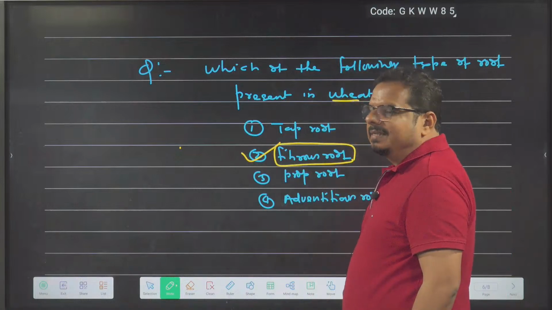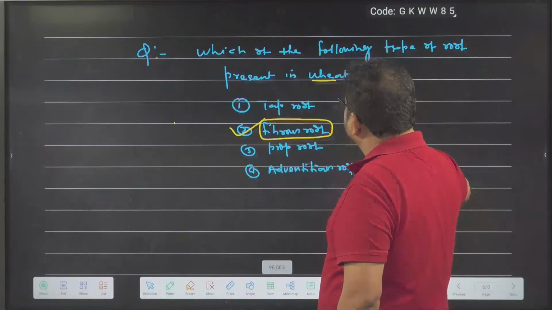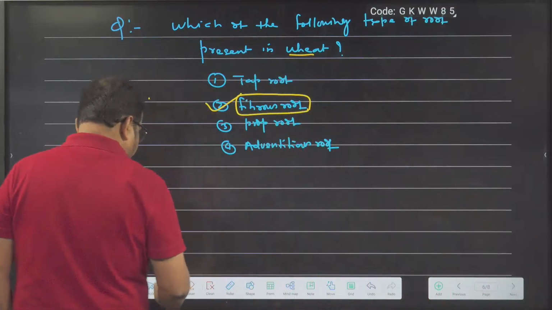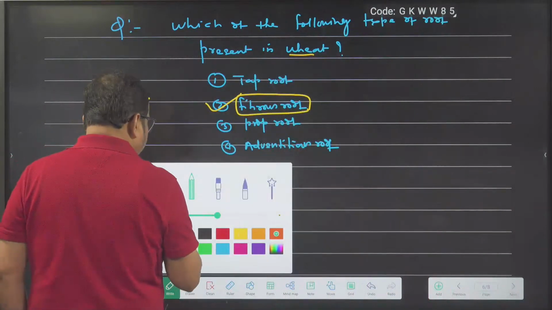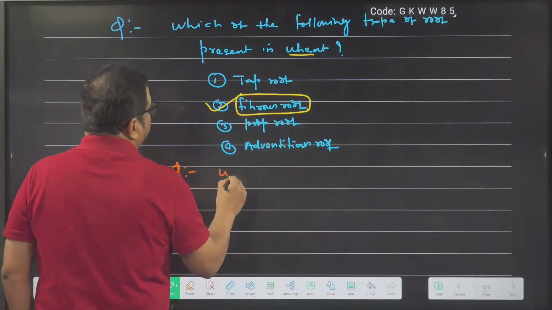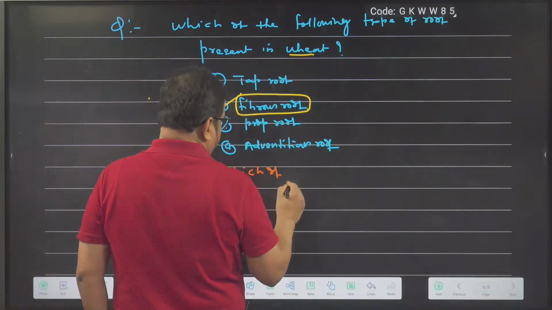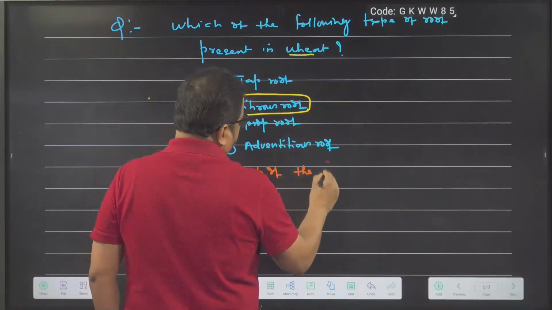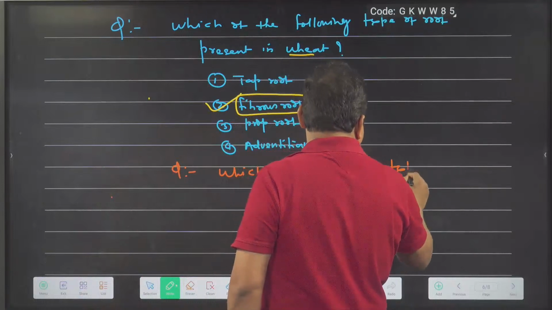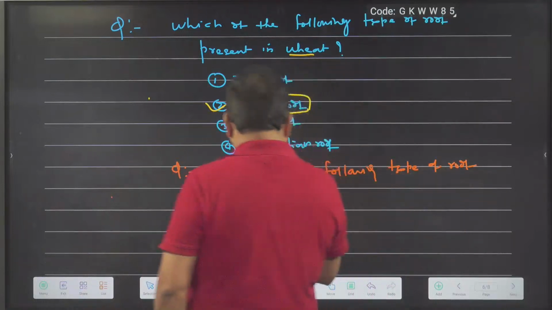Got the idea? Now I am writing the same question, but I am changing the option. Next question. Which of the following types of root is present in wheat?